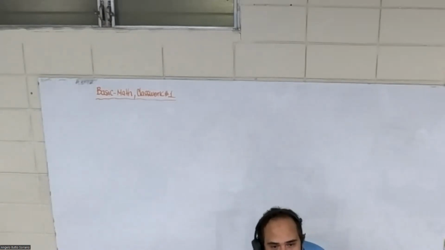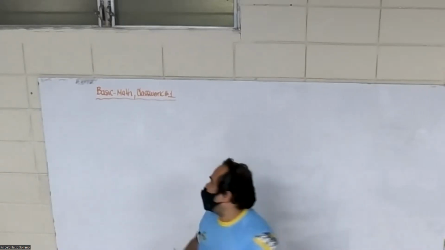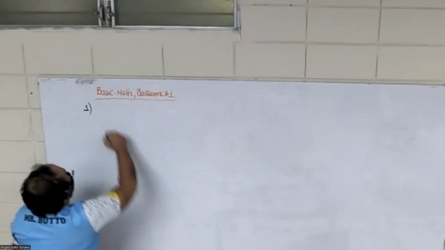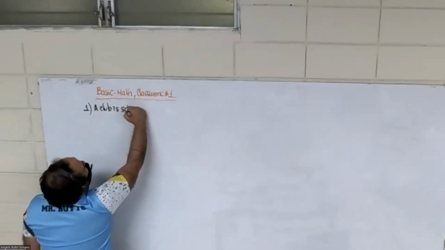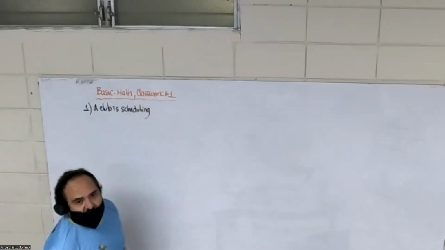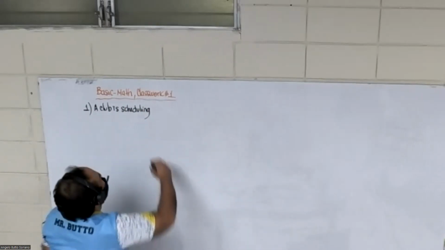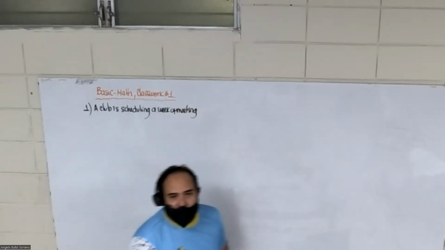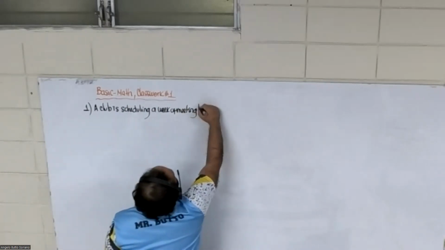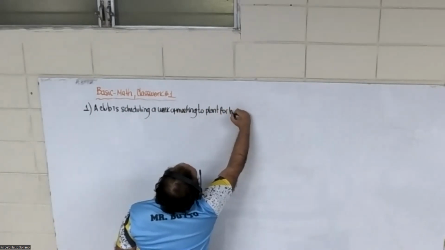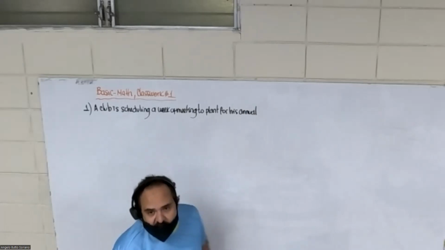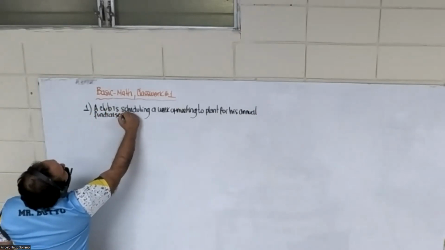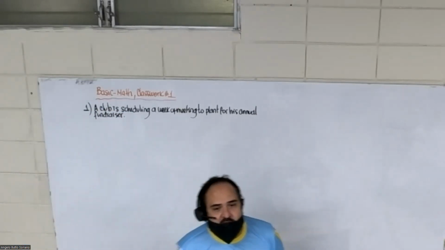In the first problem, or problem number 1, it says: a club is scheduling a week of meetings to plan for its annual fundraiser.